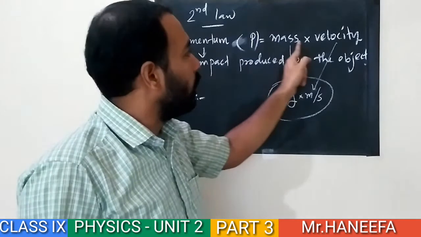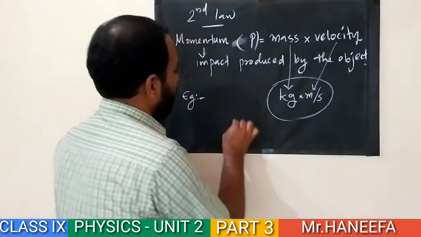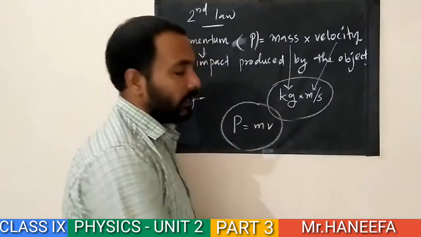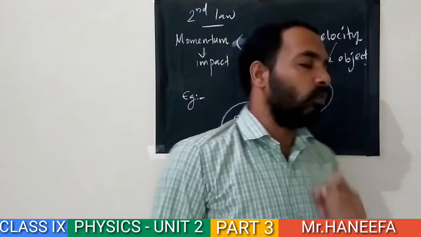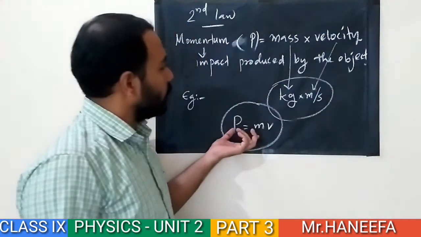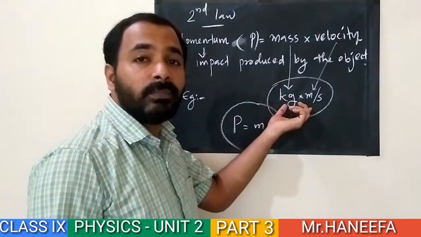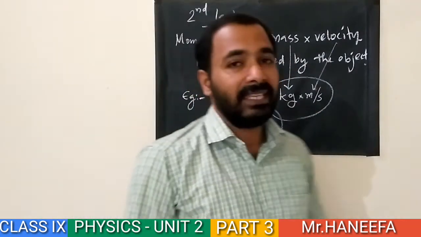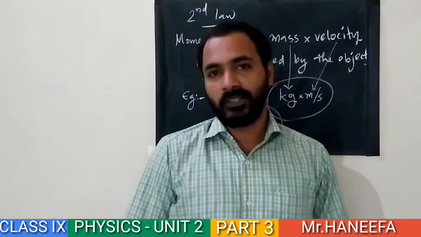Momentum equals mass into velocity, that is P equal to mv, where m is the mass and v is the velocity. The unit of momentum is kilogram meter per second.